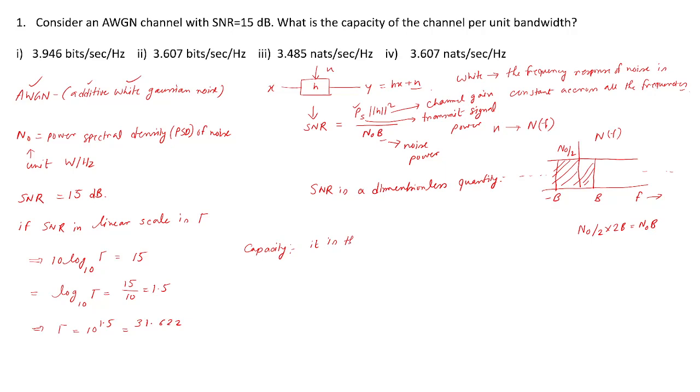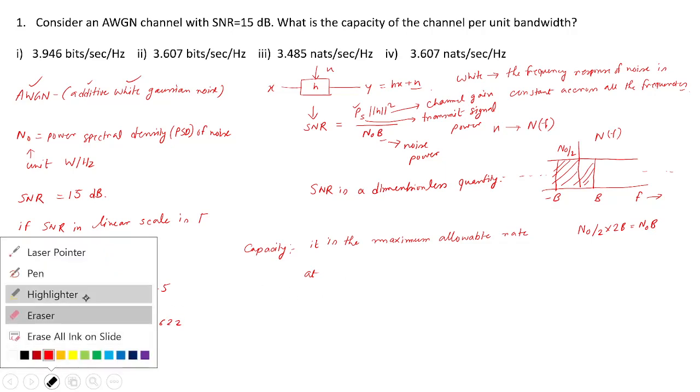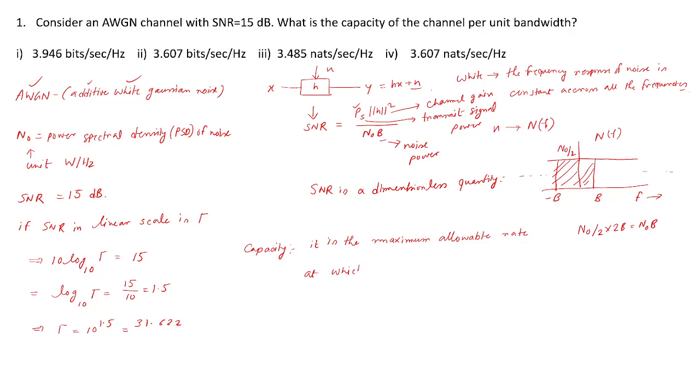It is the maximum allowable rate at which data can be sent with arbitrarily low probability of error.